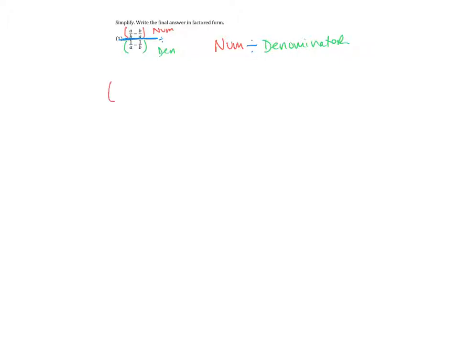If I take that numerator, a over b minus b over a, and then divide that by the denominator, 1 over a minus 1 over b. Now we'll use order of operations, so we'll simplify inside of these parentheses. We need to get common denominators, and then we'll be able to deal with division. So get common denominators.